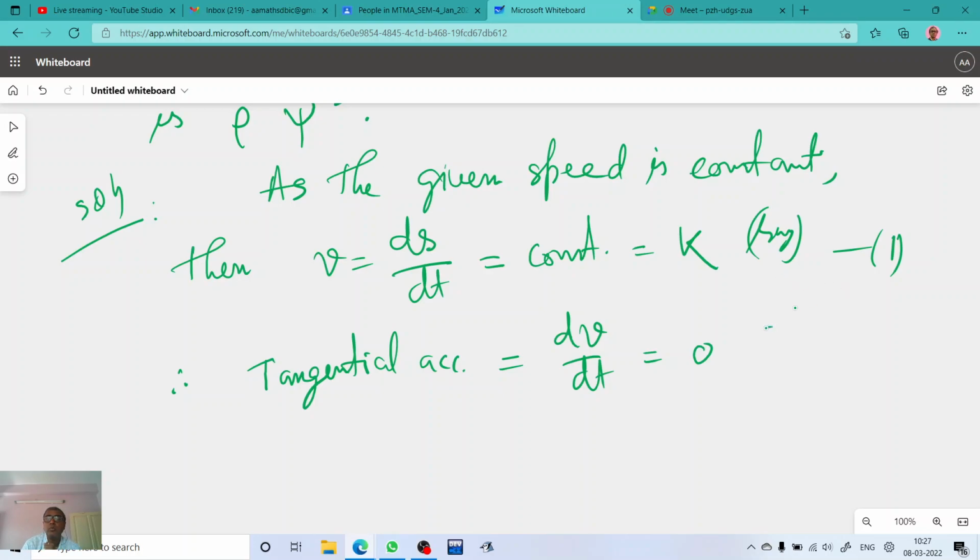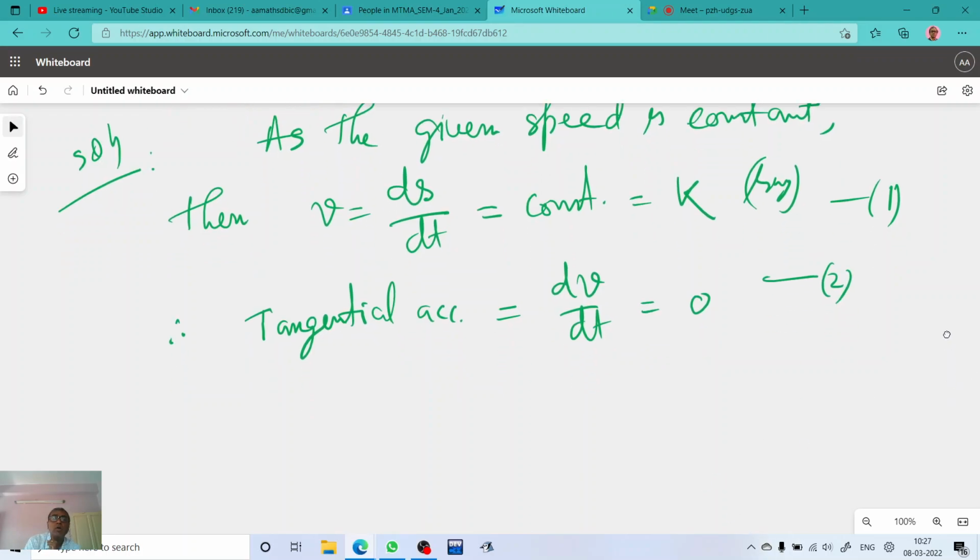Call it equation 2. And the normal component of the acceleration is equal to v square by rho.